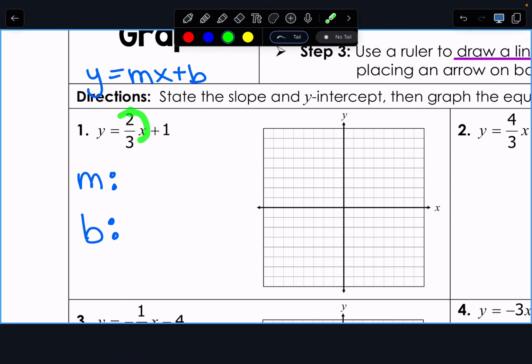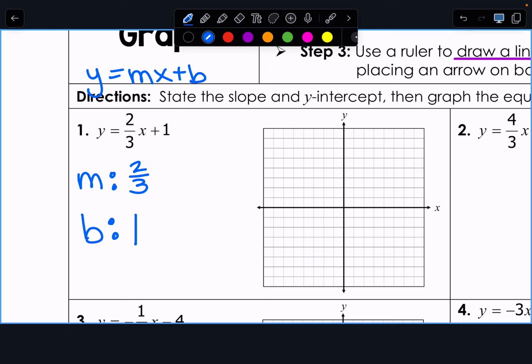Here's x. The number in front of x is 2/3. Do you see where m is? Okay. Who said no? Are you serious or joking? Okay, thanks. And then b is the constant that comes after. What's our plus b? Our plus b is a 1. You good?